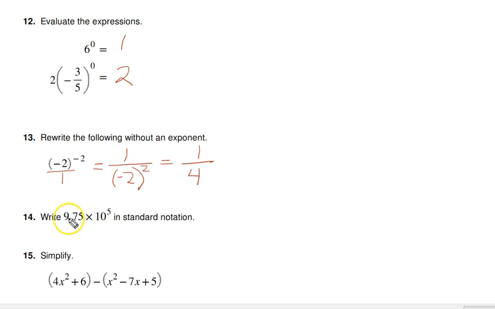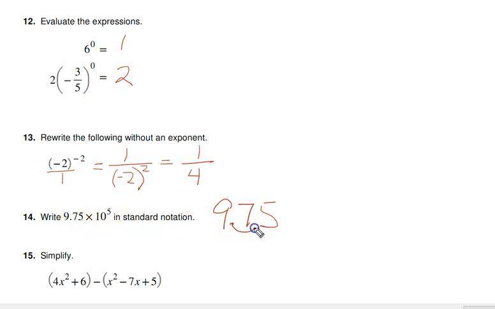Now they're asking us to write this in standard notation as a normal number. Well, we start to write it. Let me see here. I don't know where I'm getting a 2 from. 9, 7, 5. And what this says is we need to move the decimal place 5 places to the right.